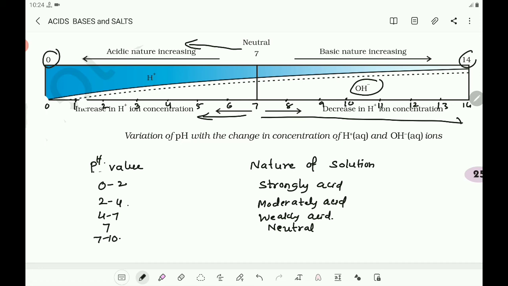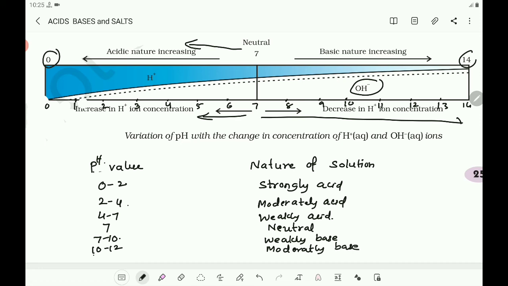Then 7 to 10: if the pH value is 7 to 10, it is weakly basic. If it is 10 to 12, it is moderately basic.